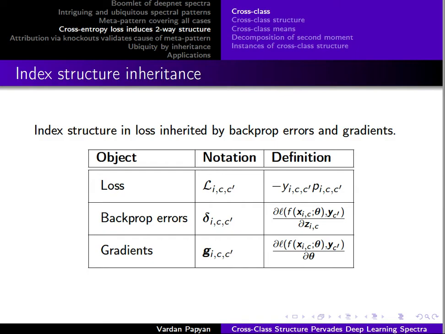Now imagine that I take the gradient and I change the label not to match the true label of the example. So imagine I take an image of a cat and I label it as a dog, and then I compute the derivative of that loss. Then I get 3 different indexes, which are 3 different quantities I can choose: the example number, which is i, the true class, which is c, and the cross-class, which is c'.